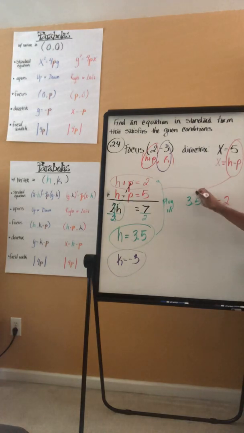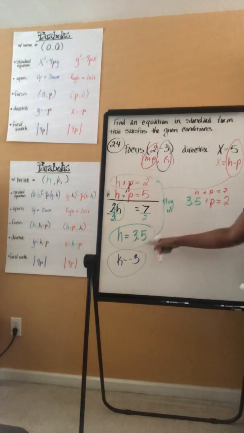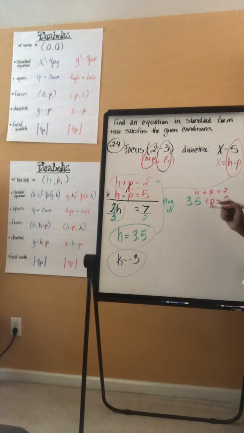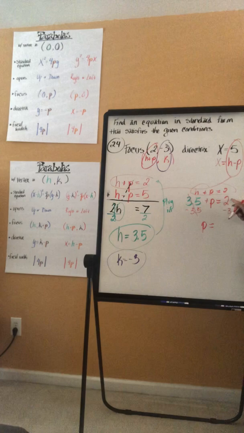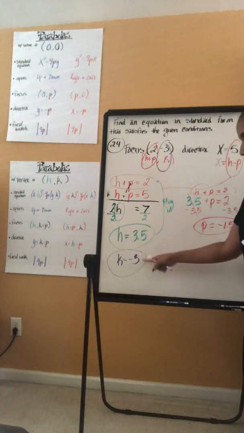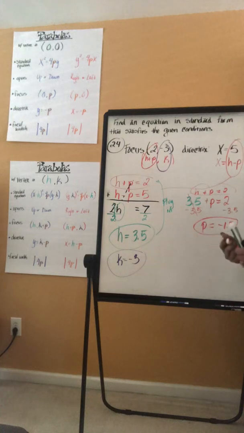If I solve for P, I'll take away 3.5 from both sides. P by itself is 2 minus 3.5, which is negative 1.5. All right, there's P. So I've got H, I've got K, I've got P, I've got everything I need.